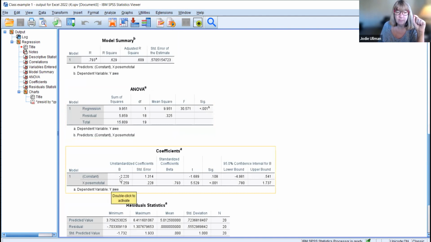Here's the constant, the intercept. It's not significant. We typically don't pay a lot of attention to it. Here is our predictor. For every 1 unit increase in positive emotion, I predict that awe will increase 1.259 points.